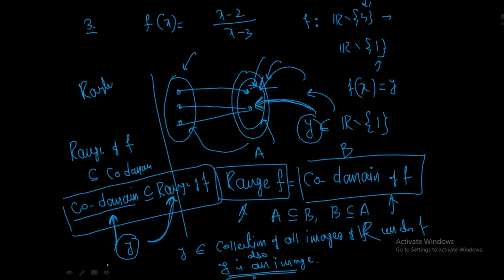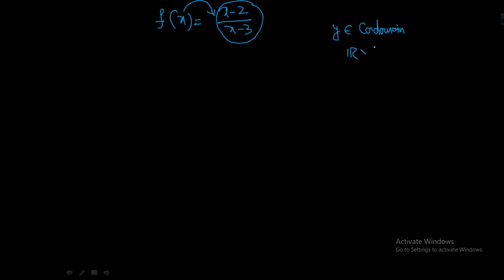So in this problem f(x) is given by (x minus 2) by (x minus 3). So the image of x will be (x minus 2) by (x minus 3). Now we have chosen y belongs to the codomain, which is R minus 1.